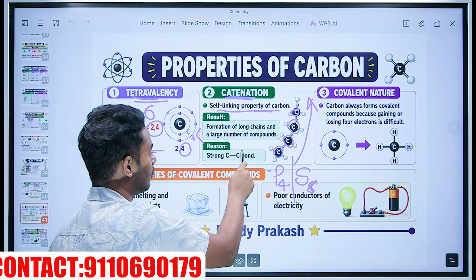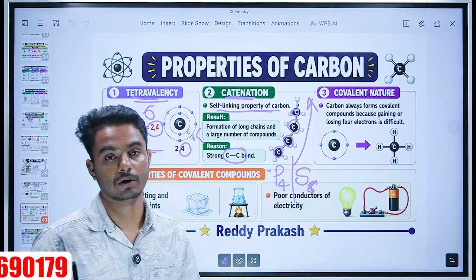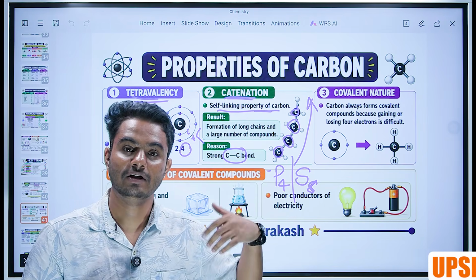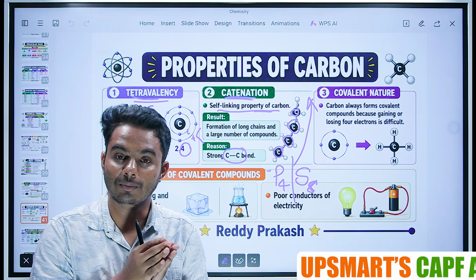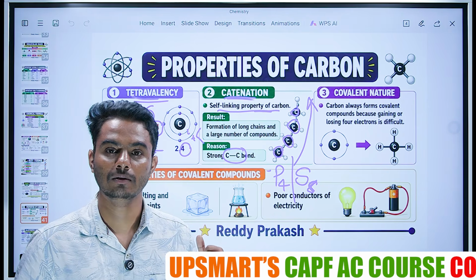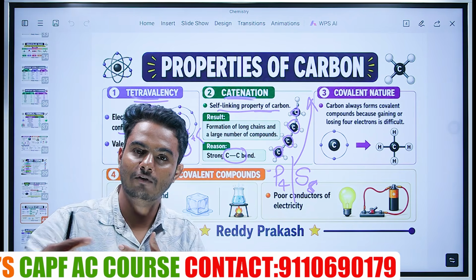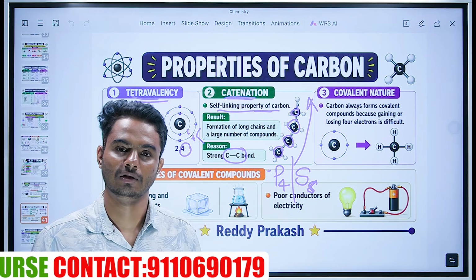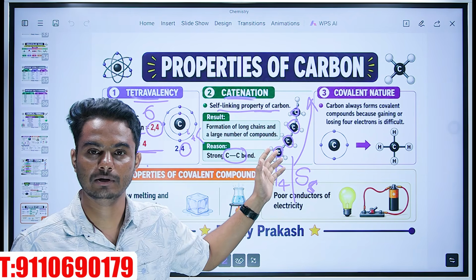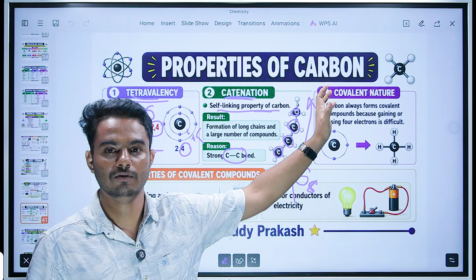And the reason is the carbon-carbon bond is very strong. If there are other elements, that bond will be very weak, it will break. But carbon and carbon, 4 and 4, right? Valency is 4. It can give 4, take 4, give 4, take 4. If another atom comes, for stability, one will give, one will take.